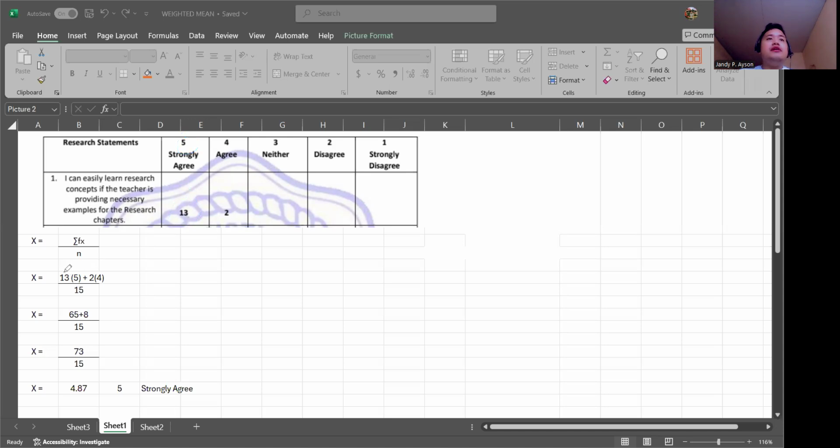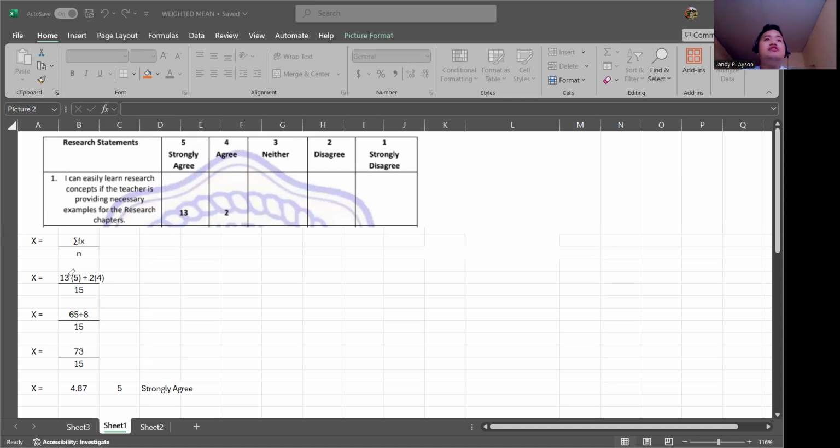So, 13 si F. Tapos, nasa loob ng parentheses si 5, which is yung value of each scale niya. Plus 2 times 4. Kasi ilan yung nagsabi ng 4? Dalawa. So, 2 times 4. So, ayan po yung value natin. Next is, divided by, ilan nga ulit yung total number of respondents natin? 13 plus 2, 15. So, 15 yung magiging pagde-divide natin ng magiging results nito.